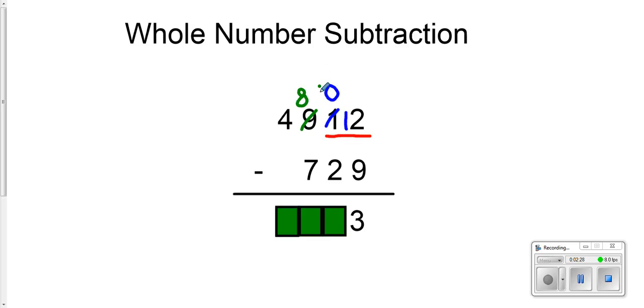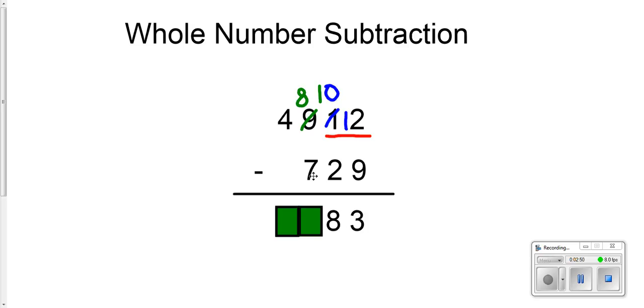So I add a new one right here to call this 10. So 10 10s take away 2 10s leaves me with 8 10s. 10 minus 2 makes the 8. So here was our 1s place, we got 3. Here was our 10s place, we got 8.